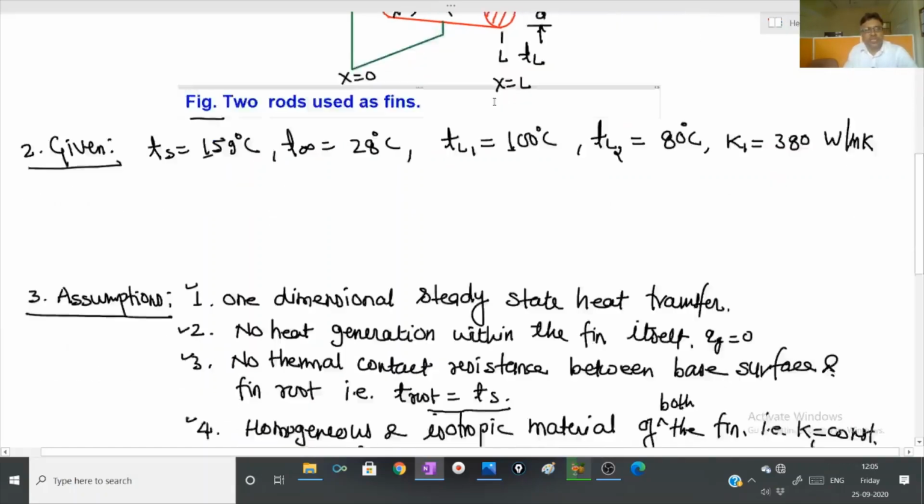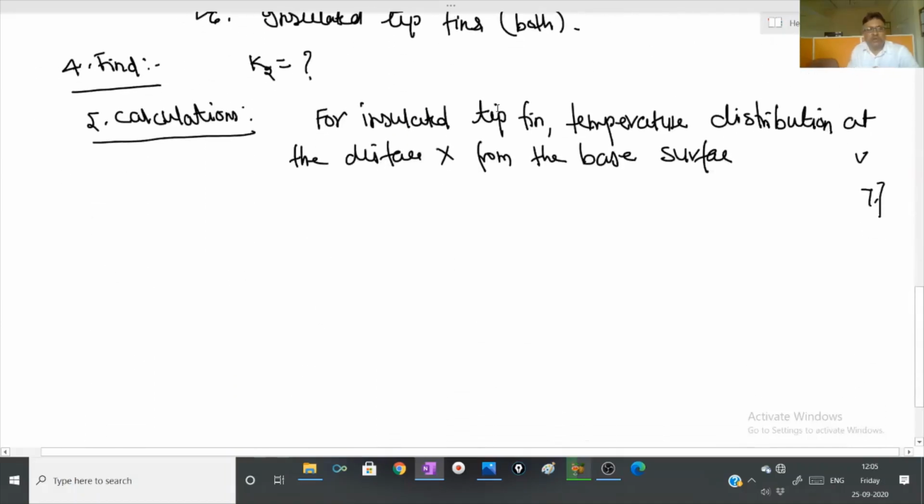This Tx can be found by this formula. For that, once again we can use the data book.